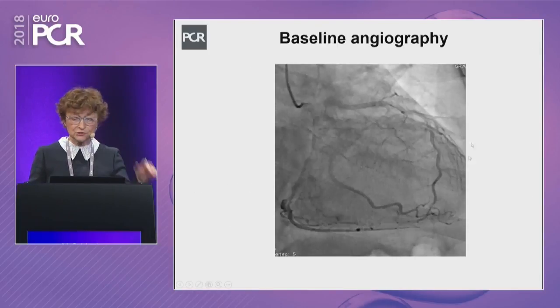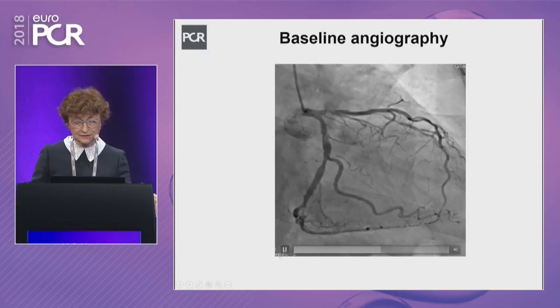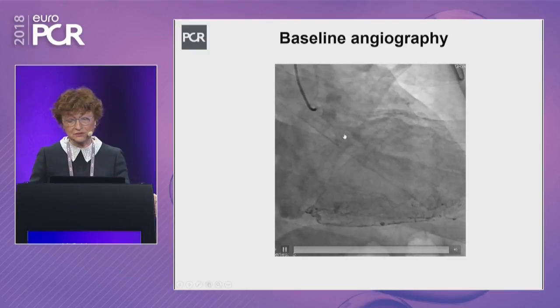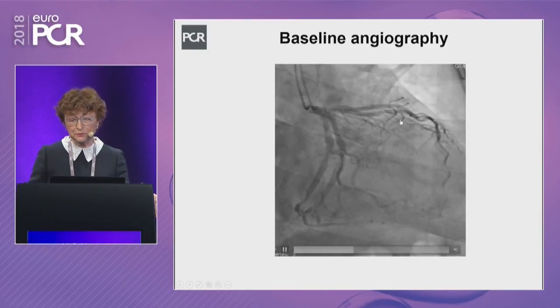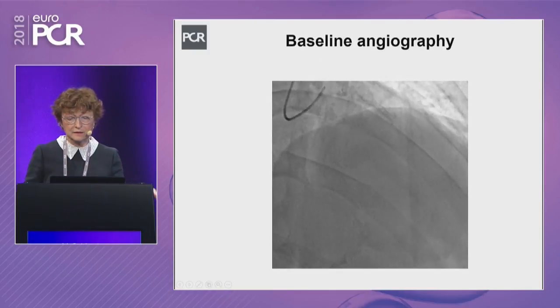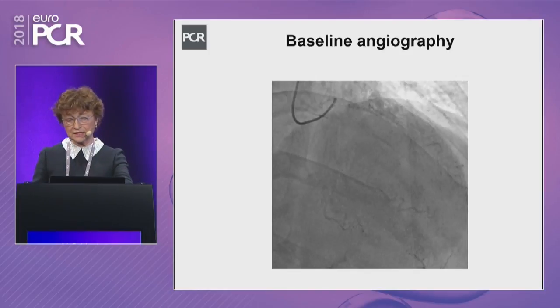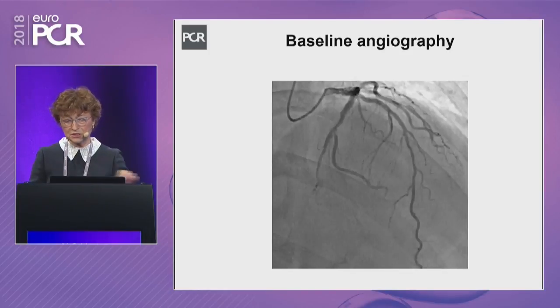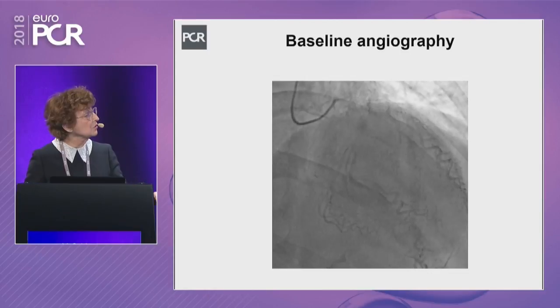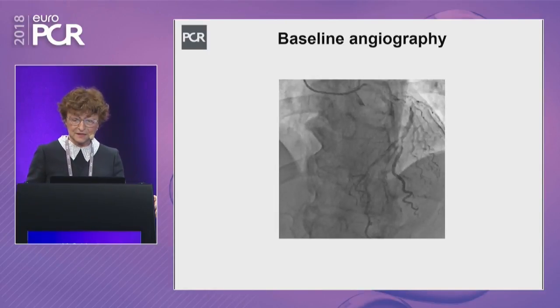And this is the angio. There is a lesion on the ostial marginal that you see there, and a lesion on the ostial LAD, the previous stent, which is okay. Another view, we see the previous stent, which is okay. Distal long lesion, not very severe, but long on the mid-LAD, that you see again there.